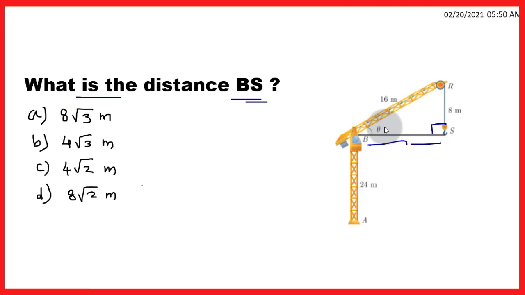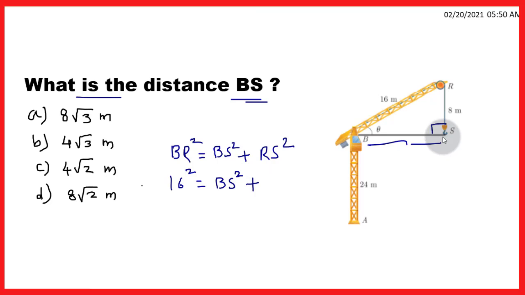In triangle BRS, BR square, that is the square of the hypotenuse, is equal to the sum of the squares of the other two sides. So it is BS square plus RS square. Now just put the values: BR is given, that is 16 square, which is equal to BS square, as we do not know BS, plus RS square, that is 8 square.